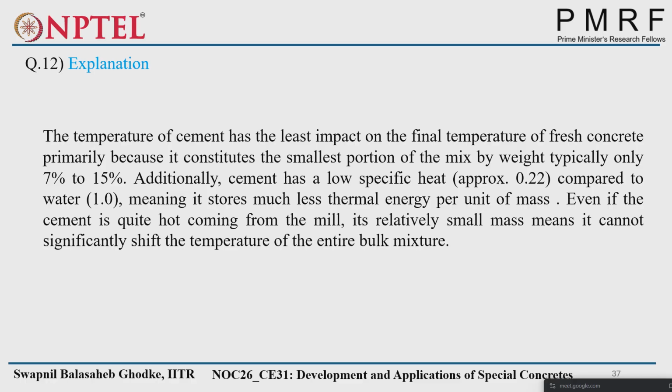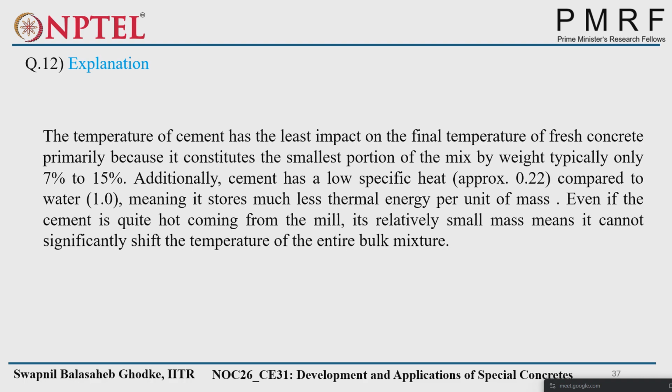Additionally, cement has a low specific heat, 0.22, compared to water. So water and coarse aggregate will be the more impactful factors for the concrete temperature. Even if the cement is quite hot, it has less impact on the overall concrete temperature.